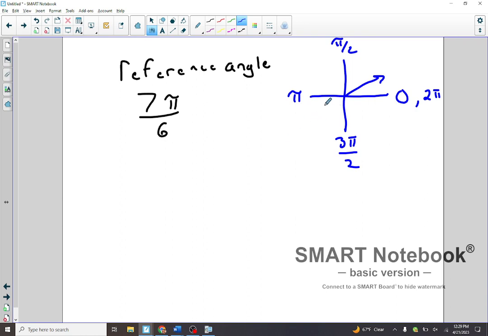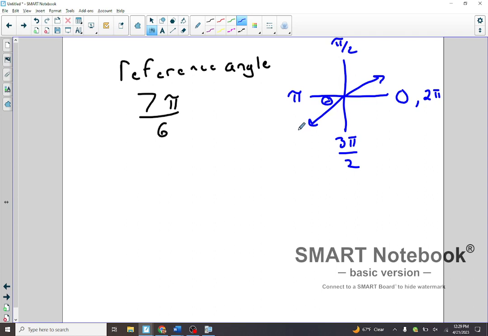So in this case, you know it's over here somewhere. How? Because 7 pi over 6 is bigger than 1, but less than 1.5, because that would be 9 pi over 6. So with that in mind, you know it has to be here.